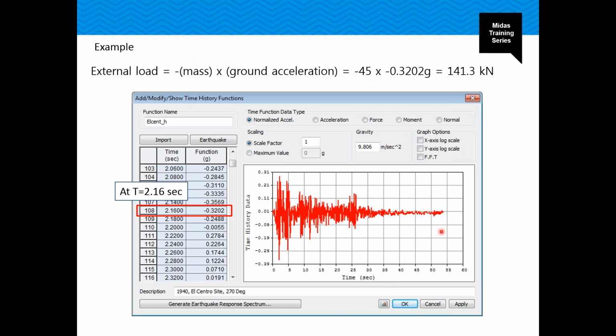The effective external load can be calculated like this. The load varies with time. We will check the equilibrium at the time of 2.16 seconds. Make sure that the ground acceleration data here is normalized by gravitational acceleration. So, the ground acceleration should be obtained by the product of the function value and gravitational acceleration.